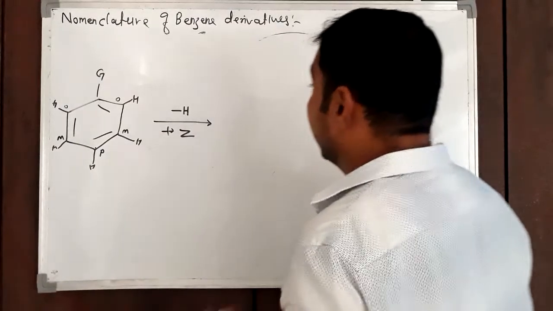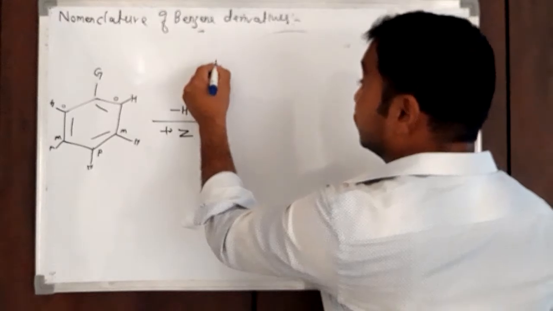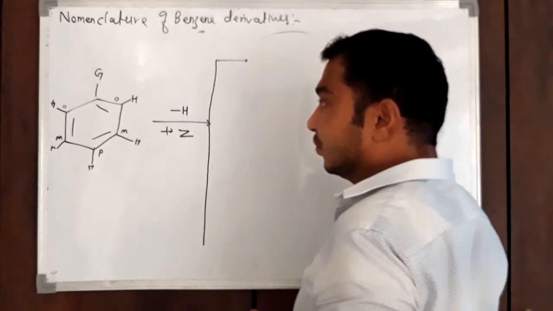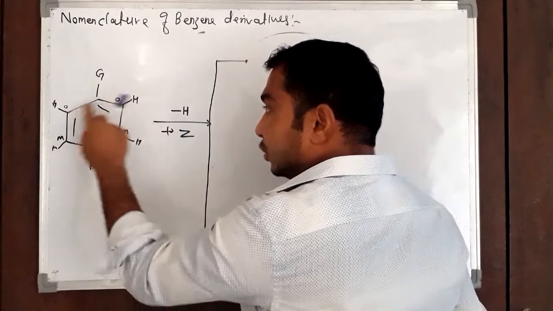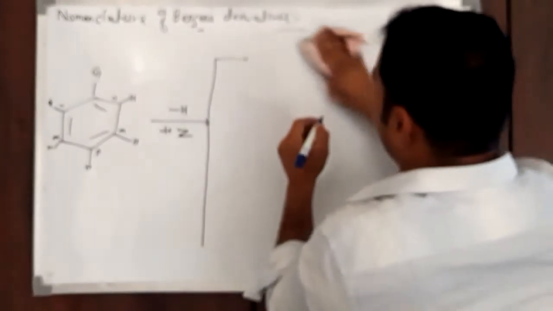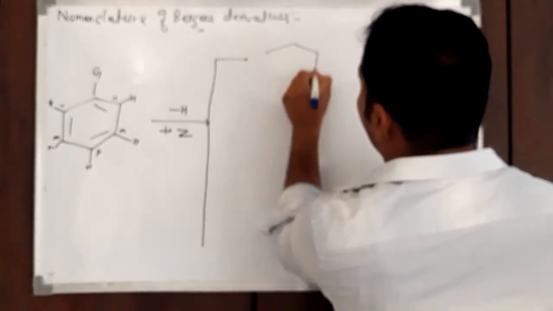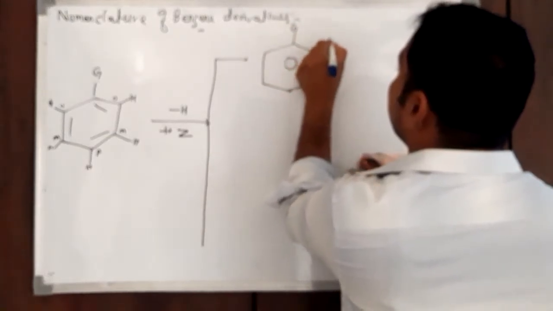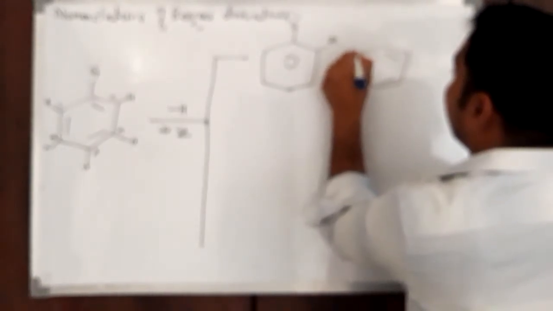Then we get a disubstituted benzene, a disubstituted derivative. Suppose I replace a hydrogen atom from the ortho position. There are two ortho positions and both are identical, so I can replace one of them from the left side or the right side. Like this, Z may be here or here.